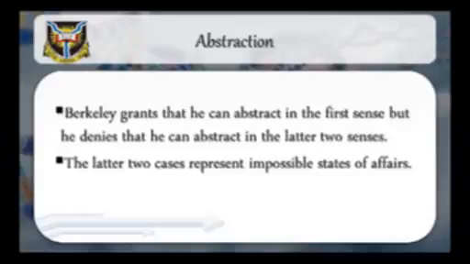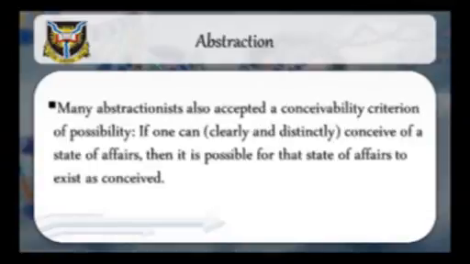Berkeley further noted that the abstractionist held that it is impossible for a mode to exist apart from a substance. Many abstractionists also accepted a conceivability criterion of possibility. If one can clearly and distinctly conceive of a state of affairs, then it is possible for that state of affairs to exist as conceived.